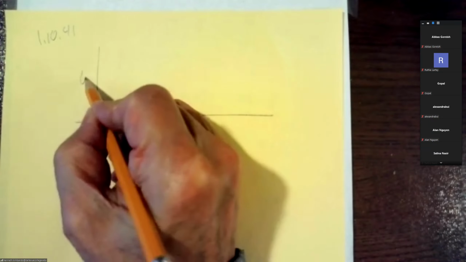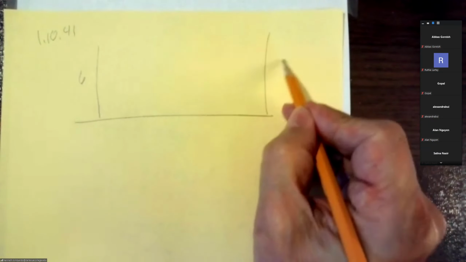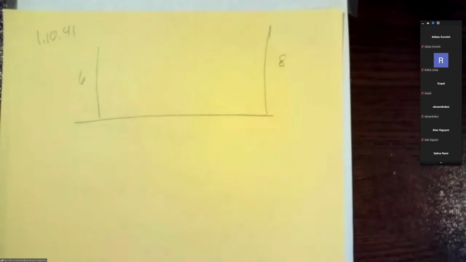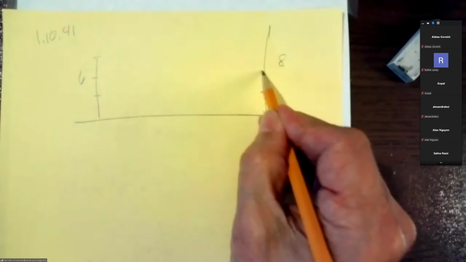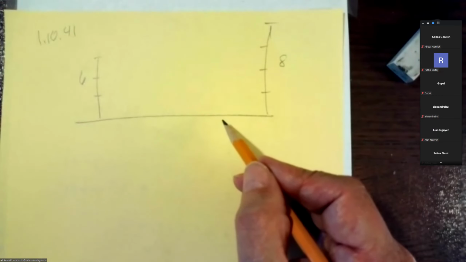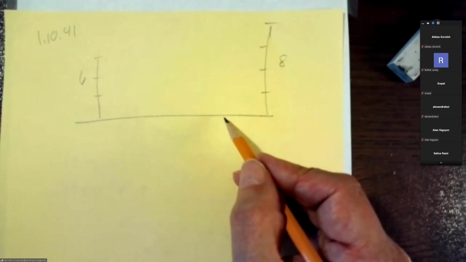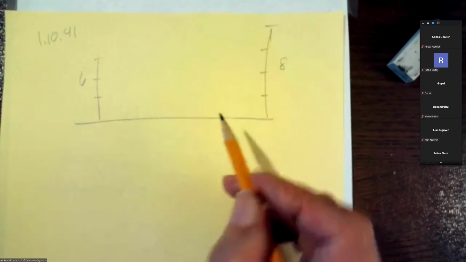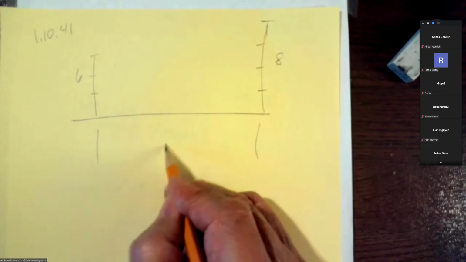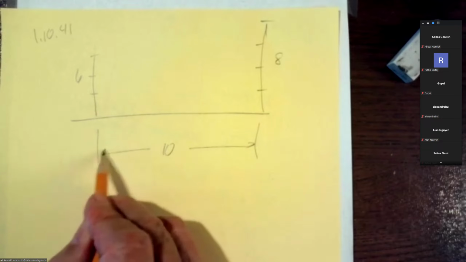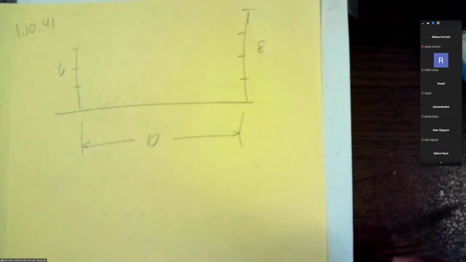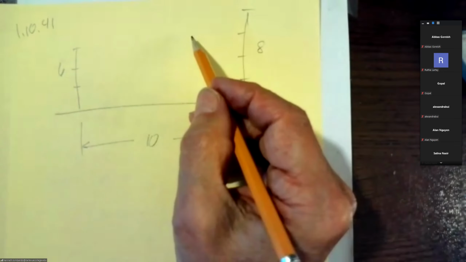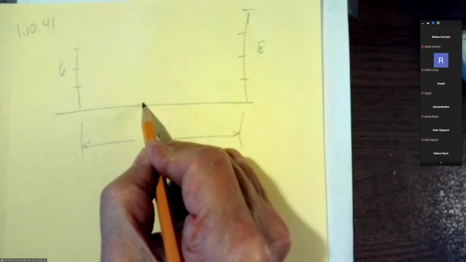So if that's 6 and this is 8, and they're 10 feet apart, so this distance is 10 feet. And a cable reaches from the top of one to some point on the ground. We don't know where it is.